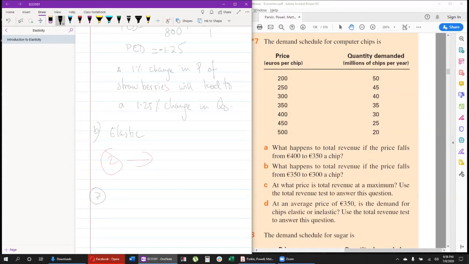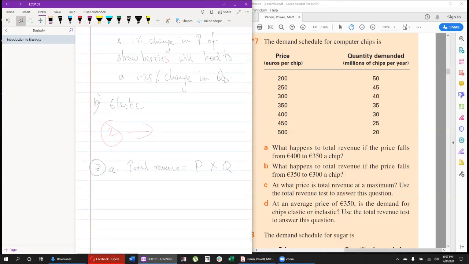So we have, you see, a demand schedule with the quantity demanded of chips at different price levels. So part A, what happens to total revenue if price falls from 400 to 350? What is the formula for total revenue? It's price times quantity, right?